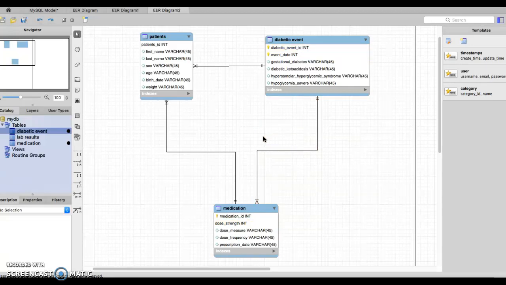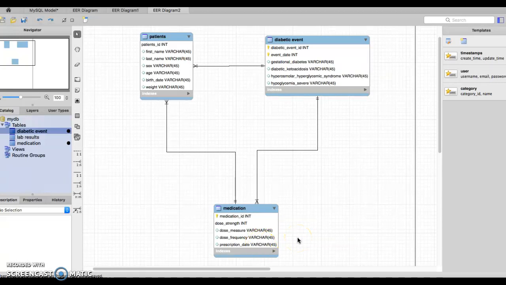The medication table was connected to the patient table by patient ID. This is important because the 20 patients listed, as you saw, all have specific patient IDs, like I said, that allow for healthcare providers to determine the dosage, the frequency, and to know when the medication was last prescribed.